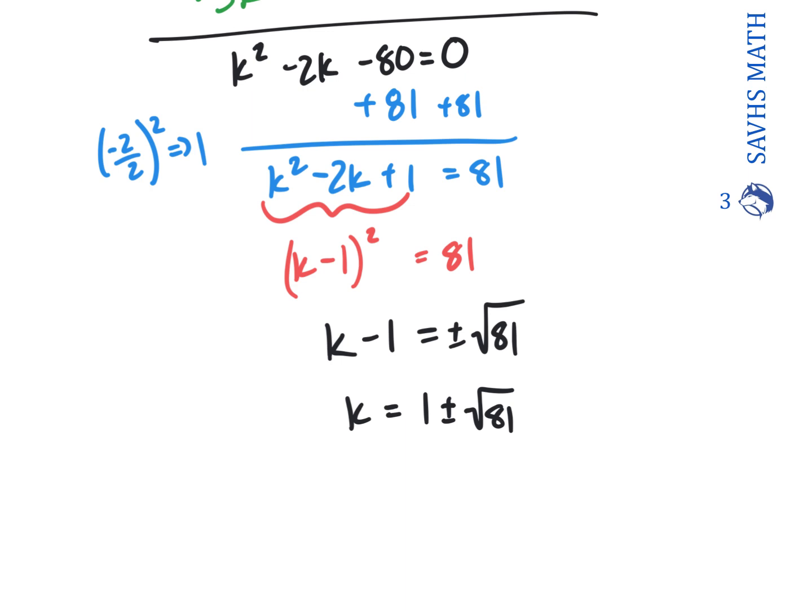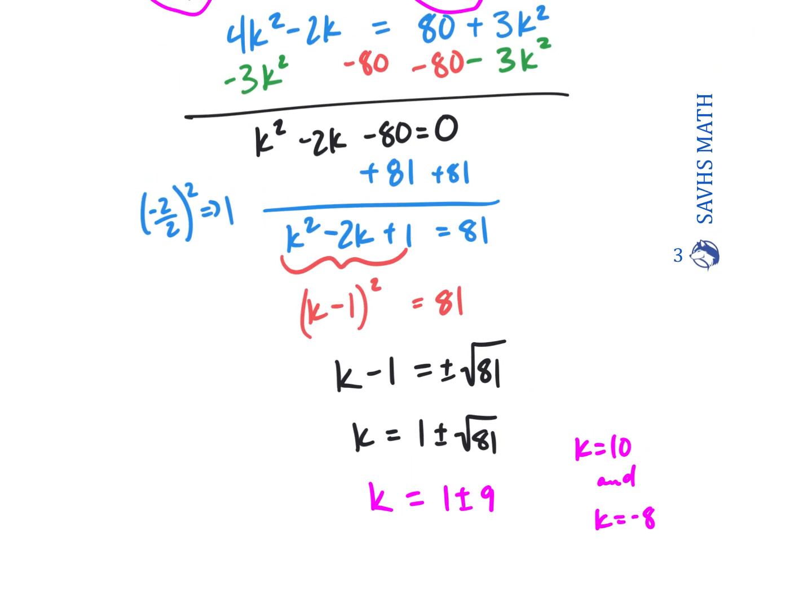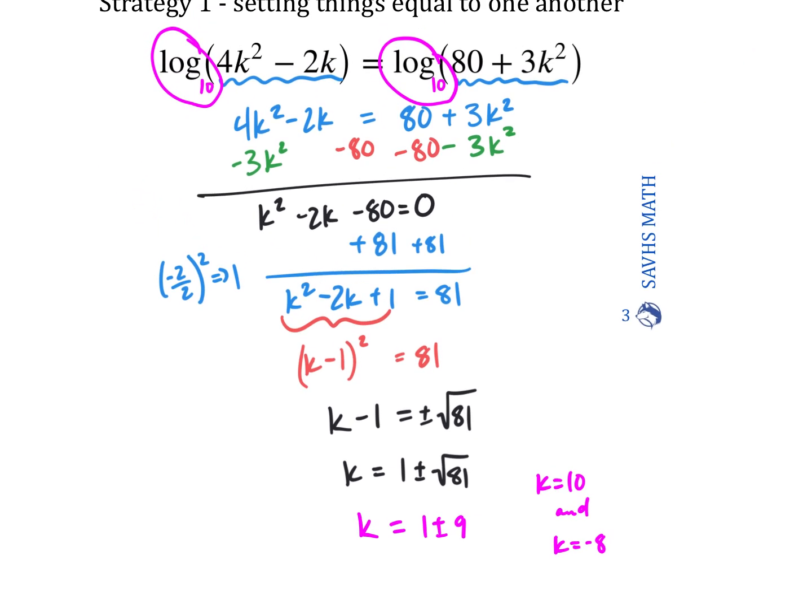So now k equals 1 plus or minus 9. 1 plus 9 is 10. 1 minus 9 is negative 8. So I've got k equals 10 and k equals negative 8. Just like we had to do in the last unit, we have to go back to the very beginning and plug those values back in up here for k there and there and there.